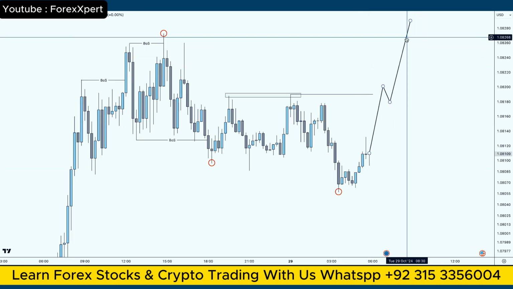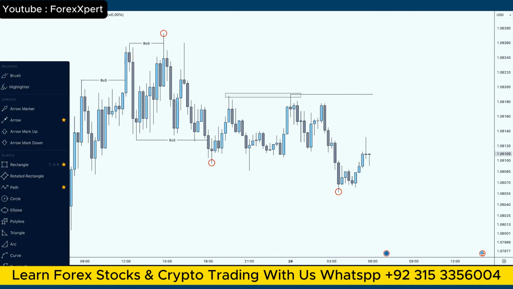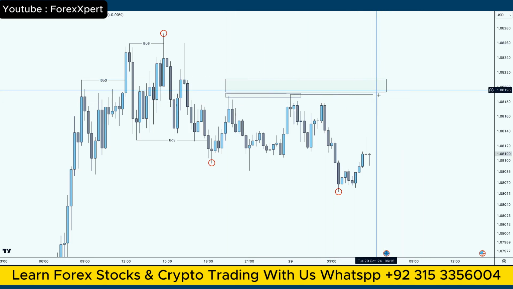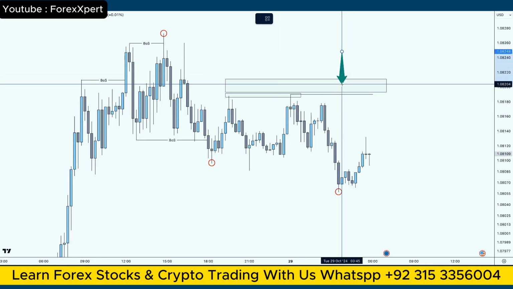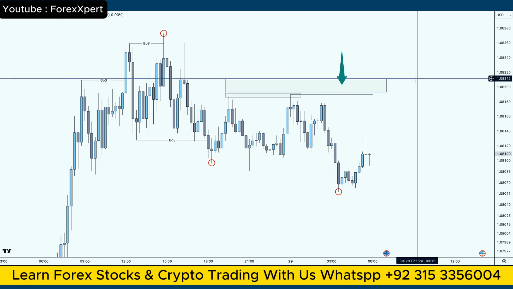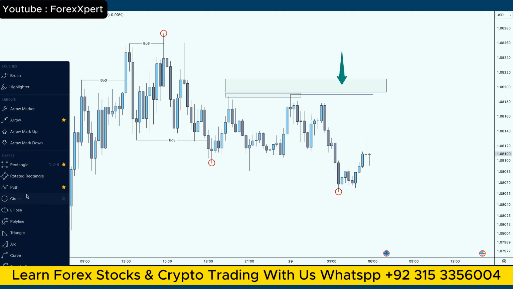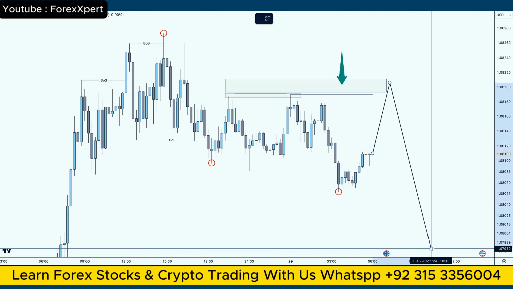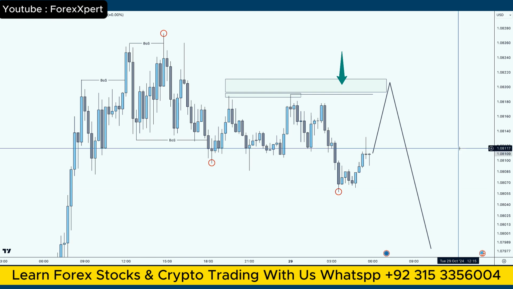But these sellers are going to generally, in mass at least, a lot of them as a generalization, have stop losses above these equal highs and above this high. So this creates an area where there is a significant amount of liquidity, orders, or transactions, which means if the market reaches back into this point, such as a sweep above the swing high, we would then look for a continuation lower. That's what we would expect to see, okay?